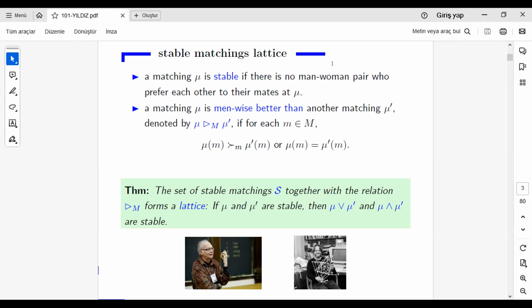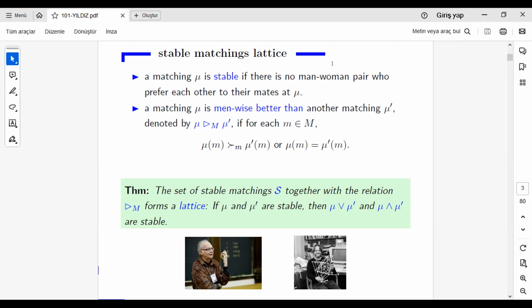Thus, this generates a new one-to-one matching. And it turns out that when we give each man his more preferred mate between these two matchings, we get a new matching, and that is stable. We can call it the join of these two matchings, or the supremum, the least upper bound in this ordering.